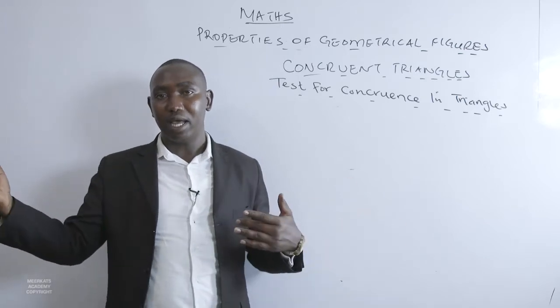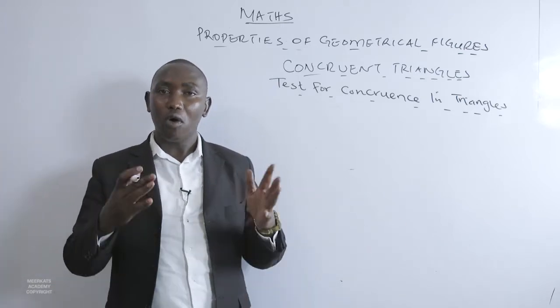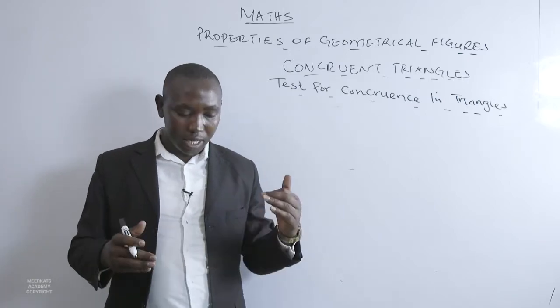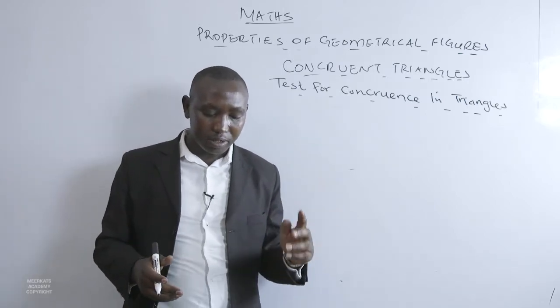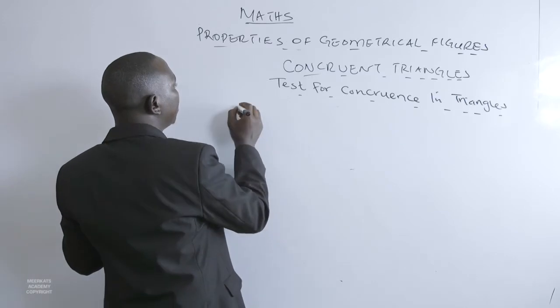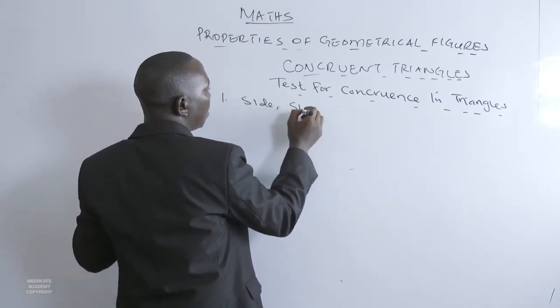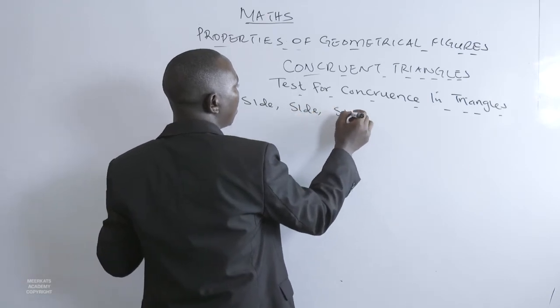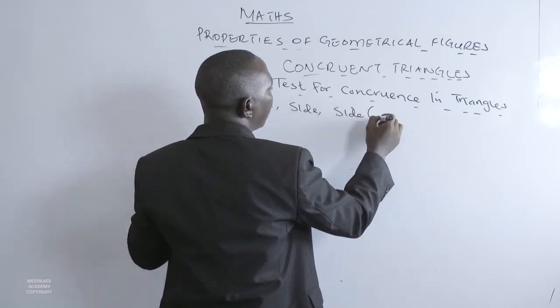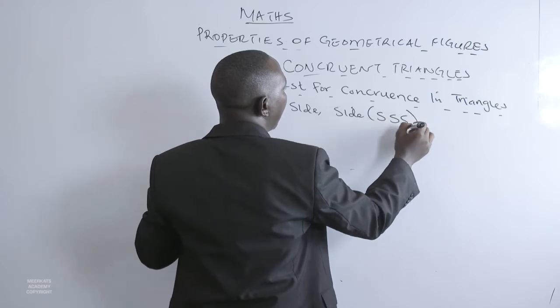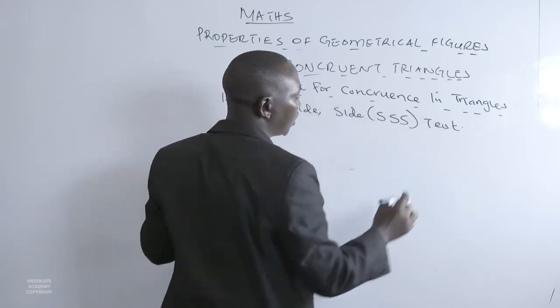This side and the other side are equal. This side and the other side are equal. So all the sides are equal. So in that case, we use the side test. So the first test is side-side-side, which you call the SSS test.